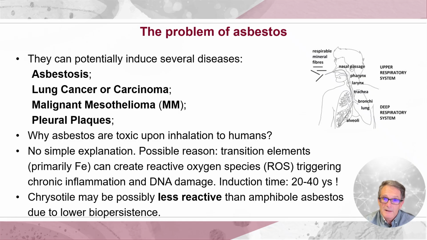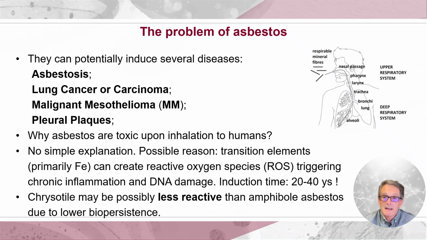Asbestos exposure has been linked to several diseases, including asbestosis, lung carcinoma, malignant mesothelioma, and pleural plaques. The mechanism behind the toxicity of inhaled asbestos fibers is complex and not yet fully understood. One widely accepted explanation involves the presence of transition metals, particularly iron, within the fiber structure.